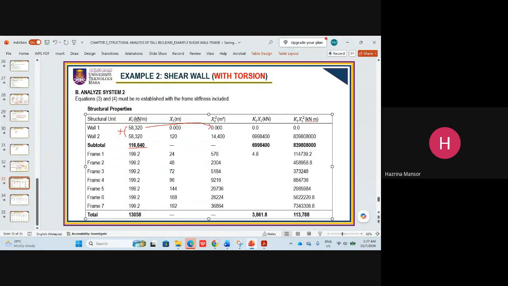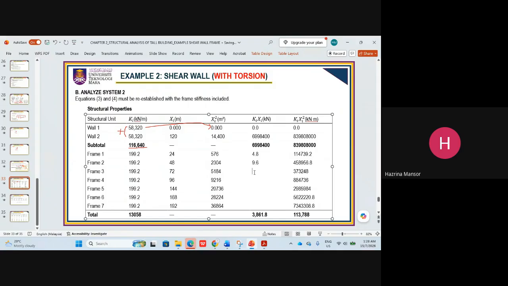Sorry. And then similarly here, you have 199.2 times 48 divided by 1000 is 9.56 or 9.6.